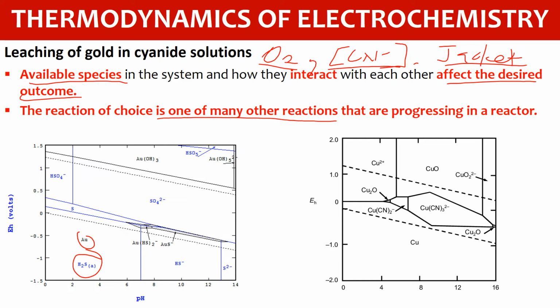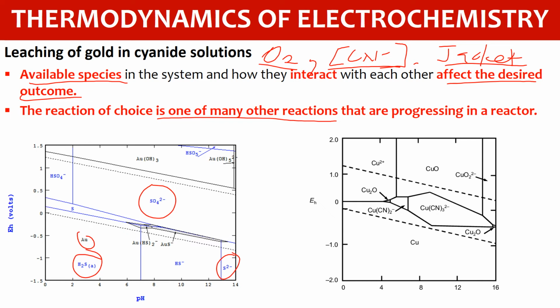Then here you have the stability region of SO4 2 minus, and here the stability region of S2 minus at high pH. So you need to know exactly what effect all these species have when you are leaching.